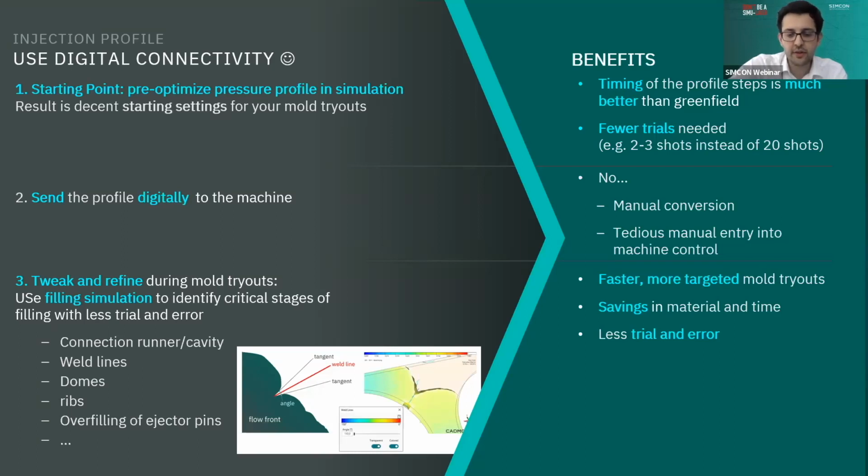So the trials and the blocked machine time just for the breaking in, the first trial of the mold, is much quicker. This leads to faster sampling, shorter machine times, and also lower material costs.